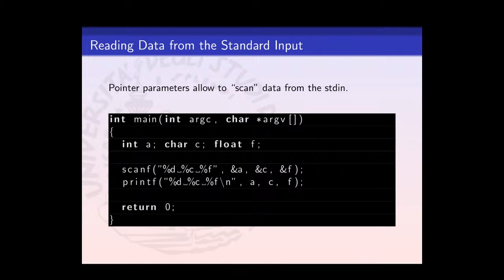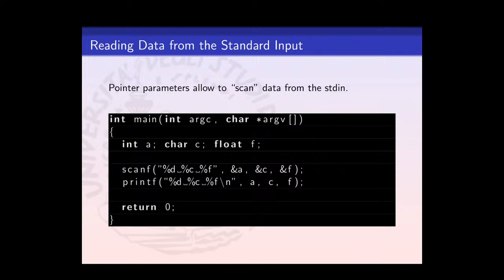For instance, to read a value from the standard input, we can use the function scanf. The function scanf reads formatted text from the standard input, so from the keyboard, and places what has been read inside the memory location provided as parameter.